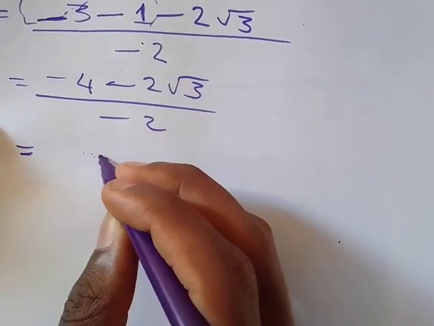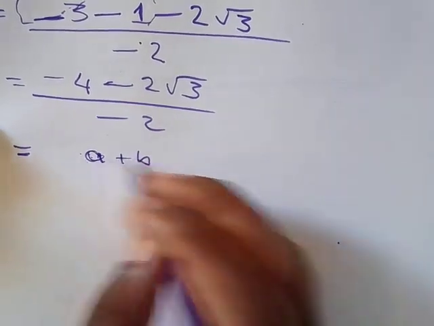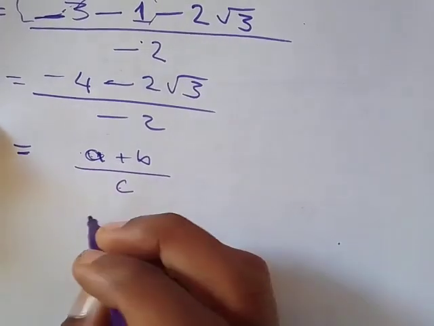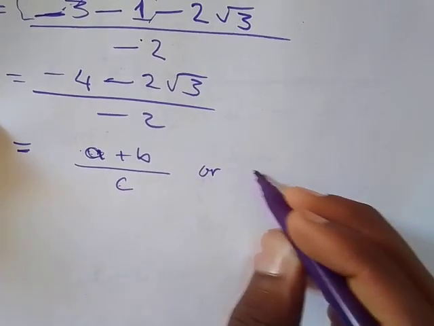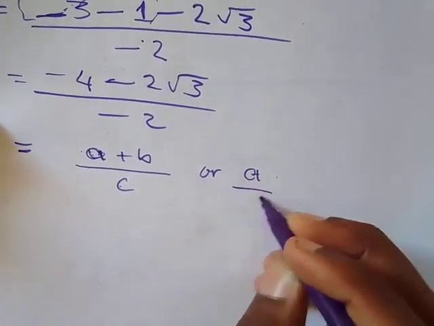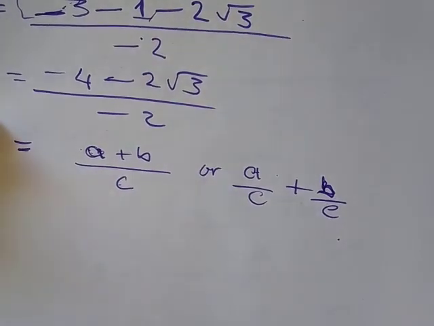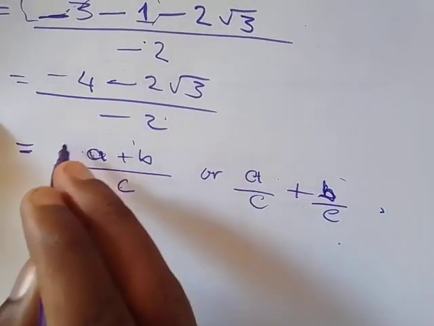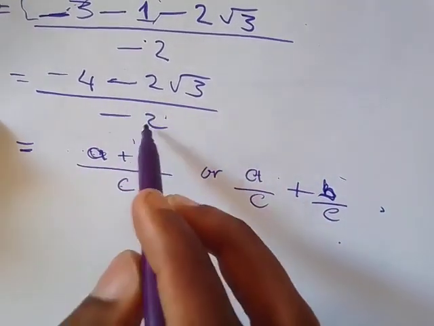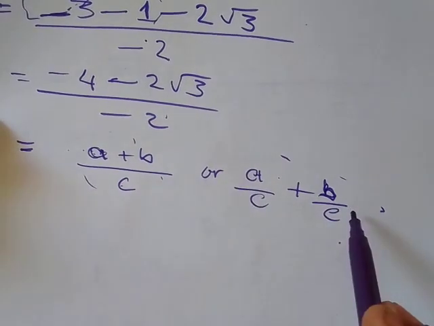There's a concept that says that if you have a fraction that is like a plus b, where these are like numbers, over c, you can also write this as a over c plus b over c. You remember this? Does it make sense? Just know that if after you rationalize, you happen to be in this scenario, you should write it in this form.